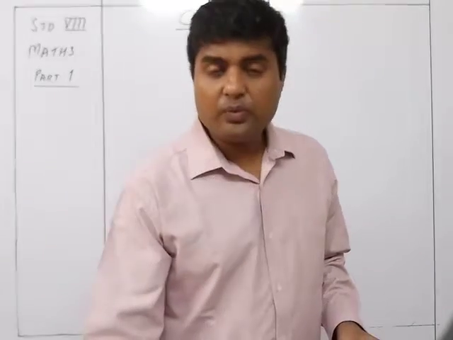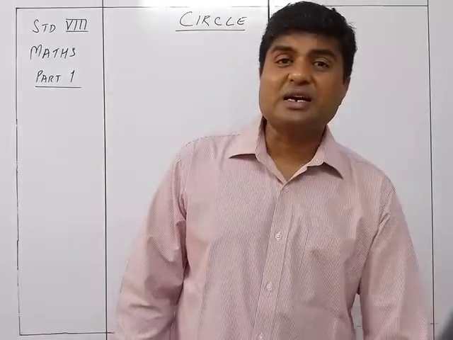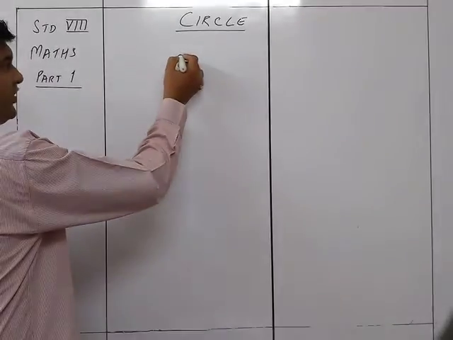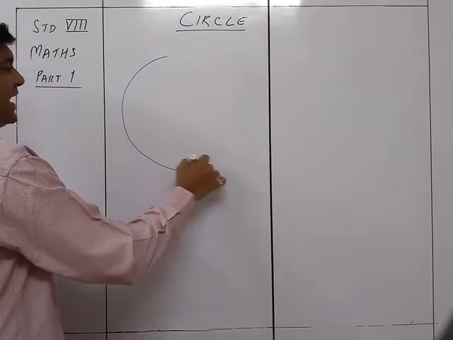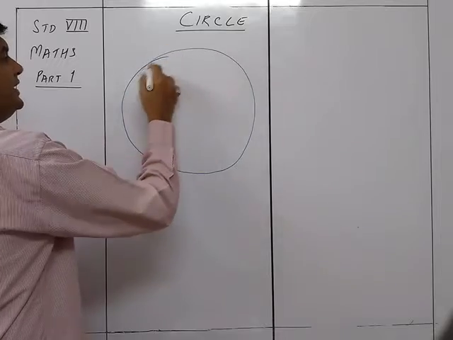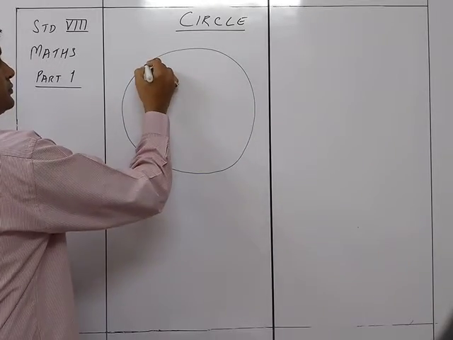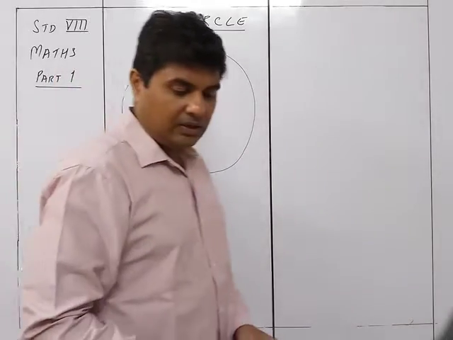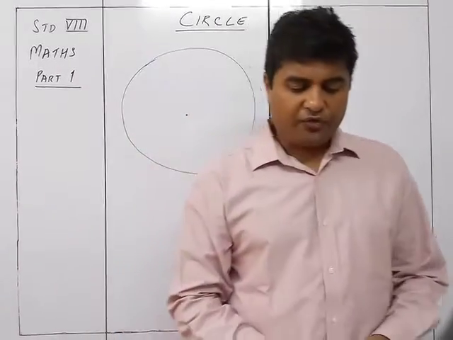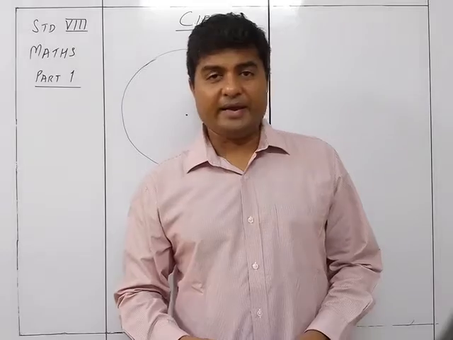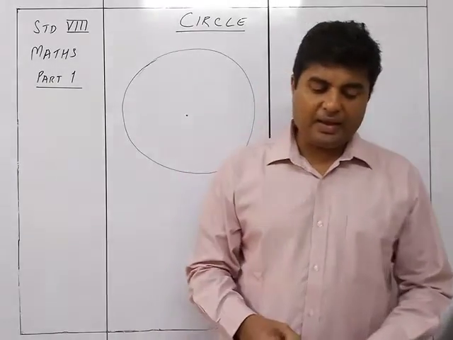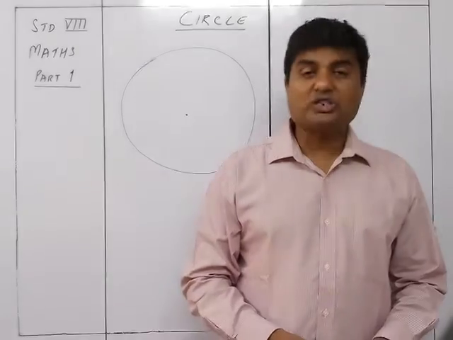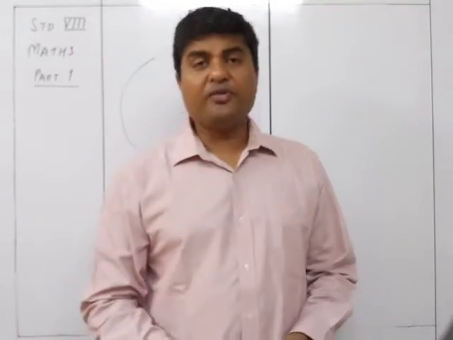So firstly, we understand that the circle is a closed figure such that it is equidistant from a given point. A circle is a set of all those points, say P, in a plane which are at a constant distance from a fixed point.